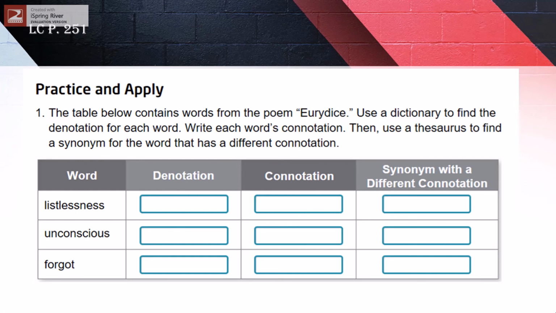Use a dictionary to find the denotation for each word. Write each word's connotation. Then, use a thesaurus to find a synonym for the word that has a different connotation. The first word is listlessness. Second, unconscious, then forgot. Please have your dictionaries.